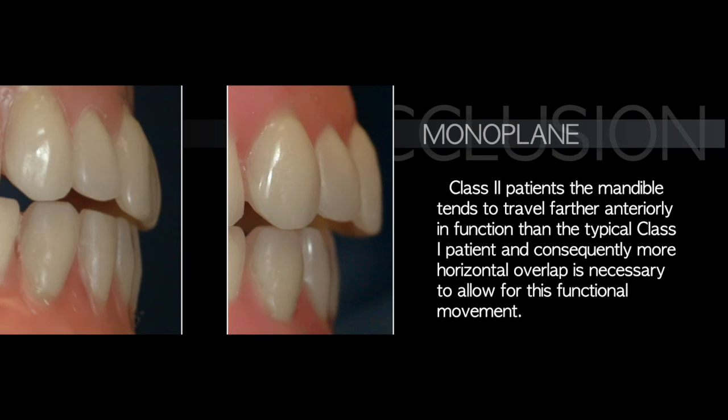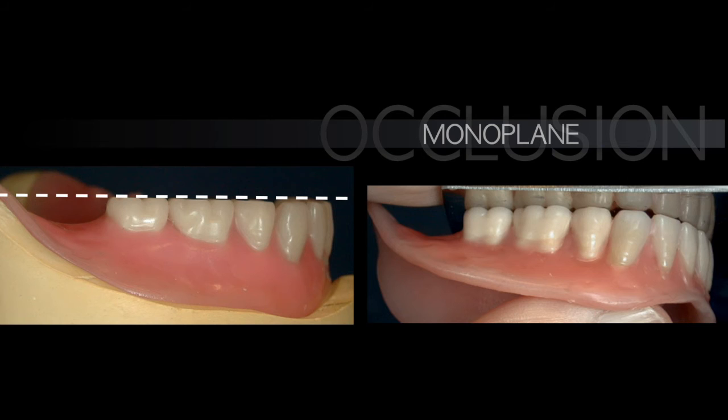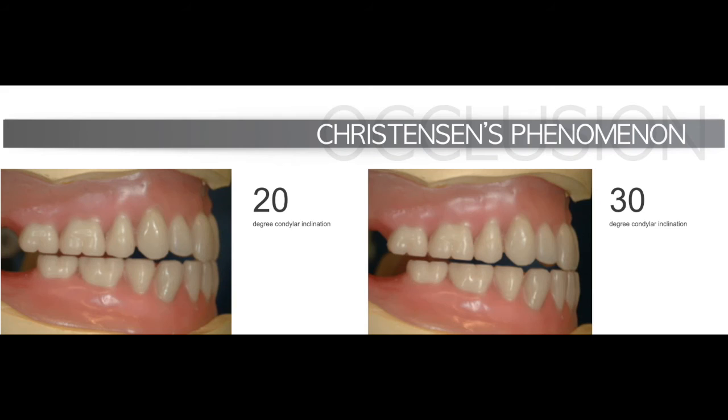Therefore, you provide greater horizontal overlap. Monoplane teeth are set completely flat, and this shows the full teeth set flat, and depending on the condylar inclination, the posterior teeth will be separated.